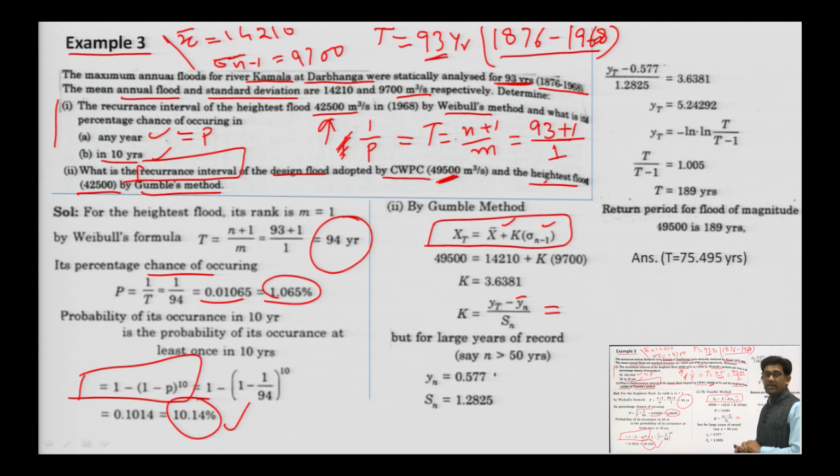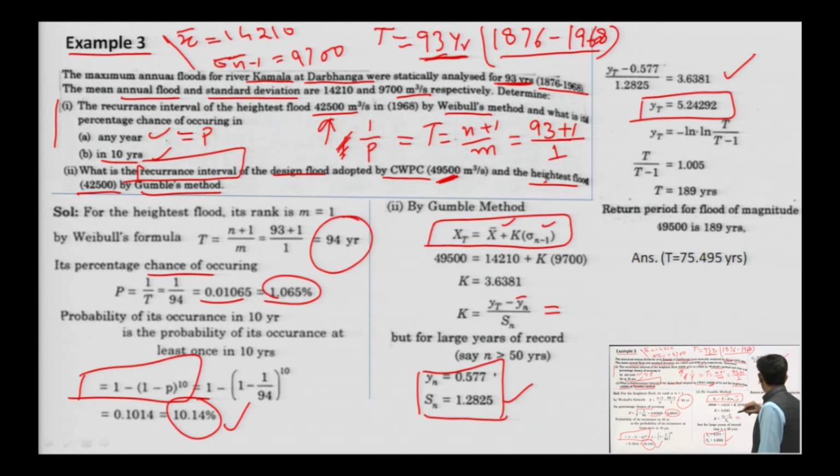If the coefficient is not given to us, then we take this data for sampling. This is 93 years of data, which is a large data set. So, yn and Sn can be taken as 0.577 and this one. So, the yT value is calculated, and if the yT value is calculated, then return time T can be calculated.